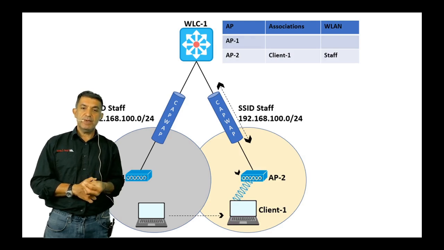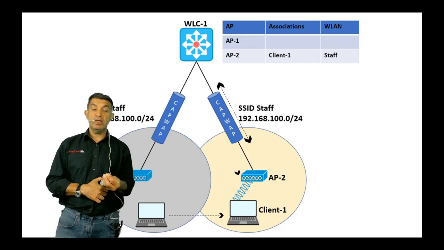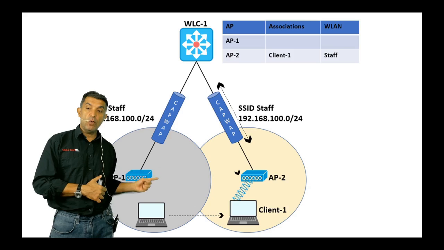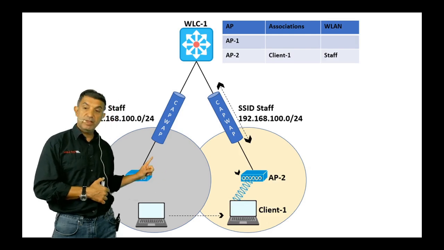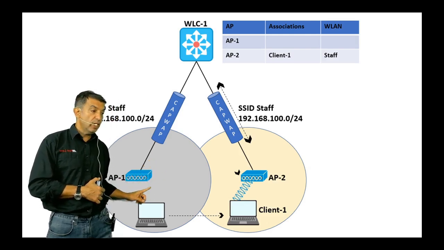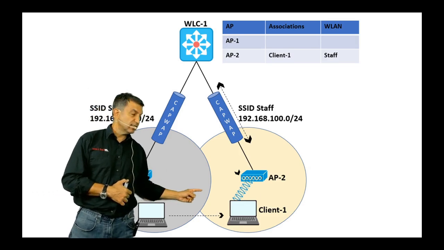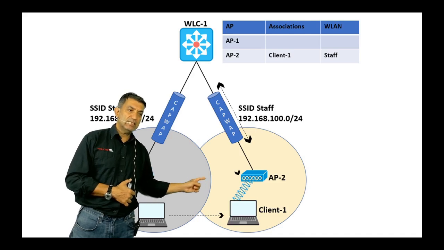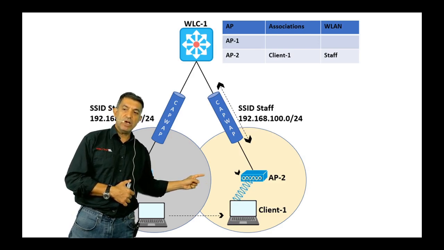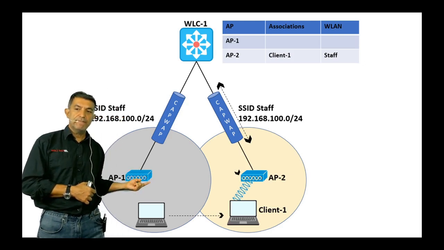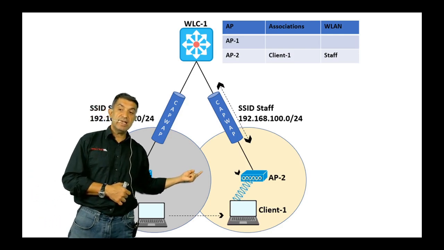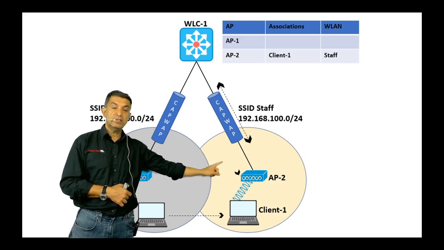How does the client make the decision of roaming, of changing? Why will the client go far away from that point? For example, the client is connected to the AP here and wants to walk that way, and at some area, some coverage, the client will recognize, okay, the signal to the connected AP gets weaker, and I can hear some different APs around me.